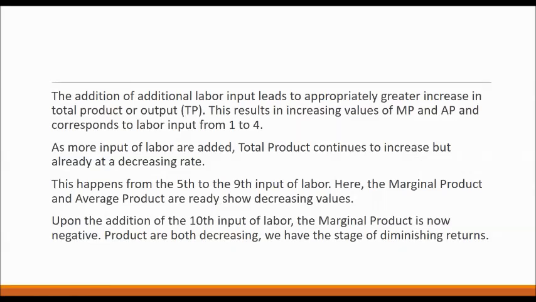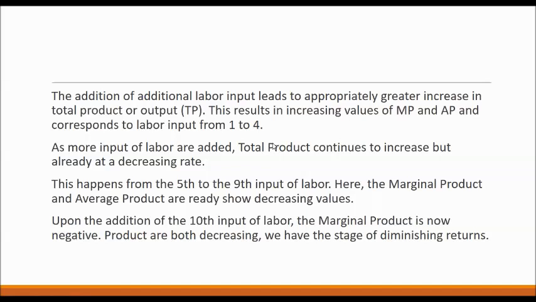The addition of labor inputs leads to a proportionately greater increase in the total product or output. This results in increasing values of the marginal product and the average product, and corresponds to the labor input from 1 to 4.